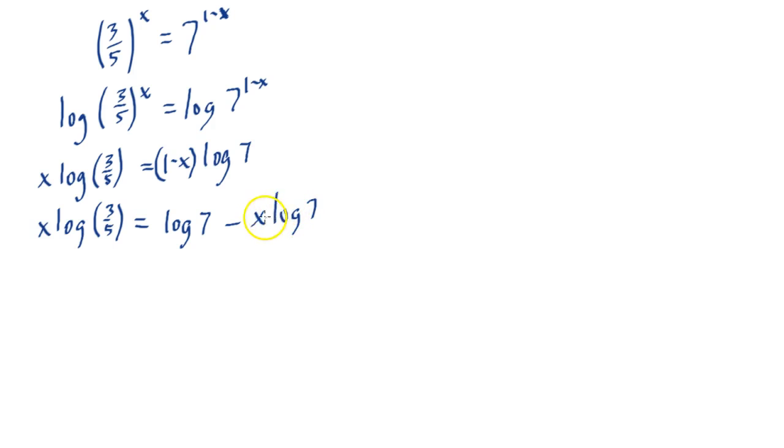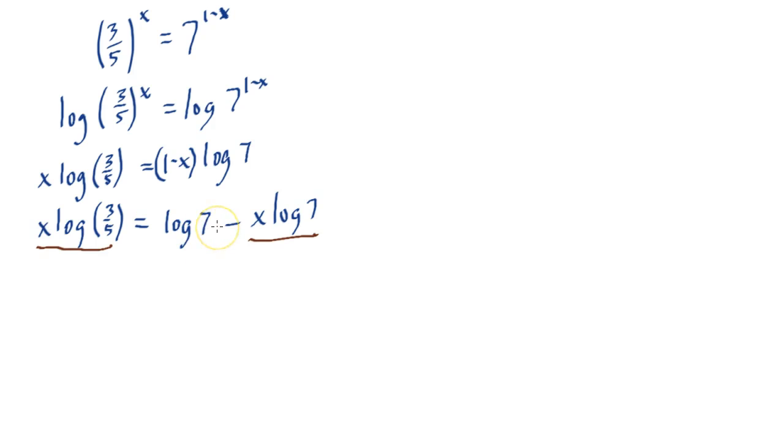Okay, so notice that there's two terms with x. Since there's two terms with x, our general process, if we're trying to solve for x, is to get all the terms with x on one side of the equation. So this term has an x, and this term has an x, and the log 7 does not have x.